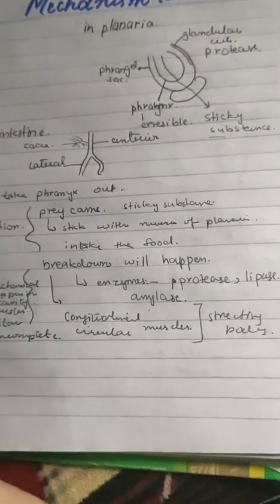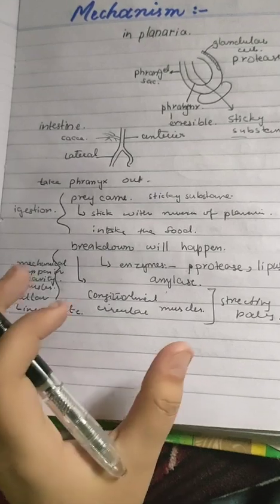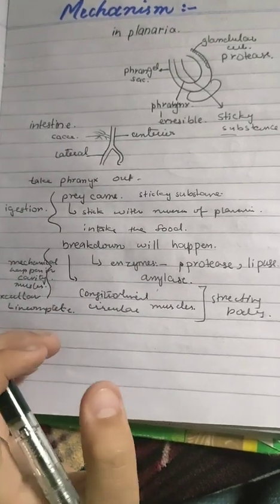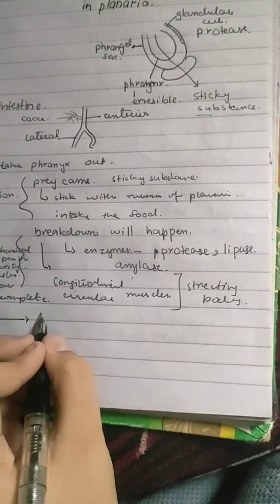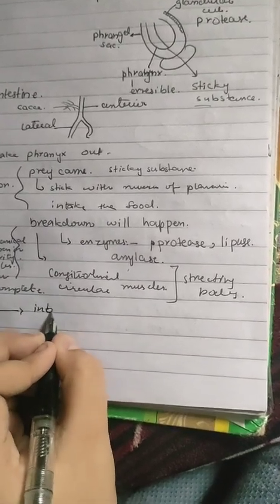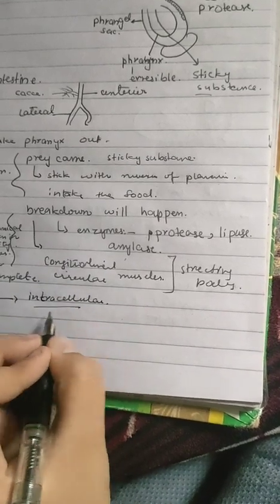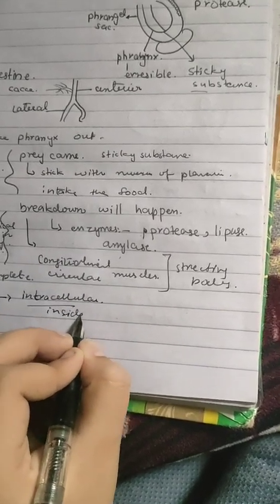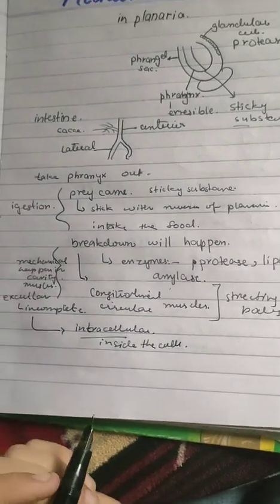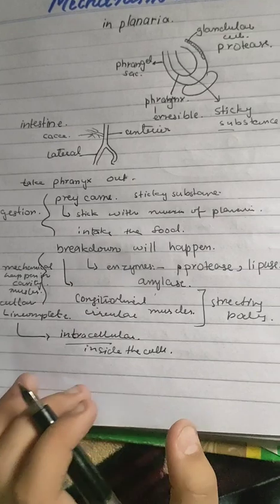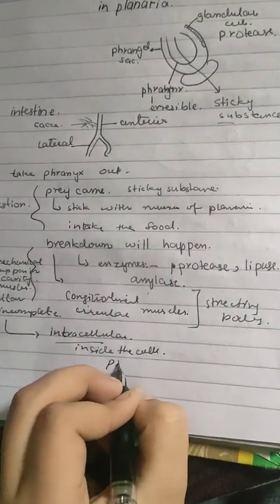Okay, so after extracellular digestion, some remaining particles are still left. Those particles will go inside the cell, intracellular. Inside the cell, the digestion again takes place by enzymes.